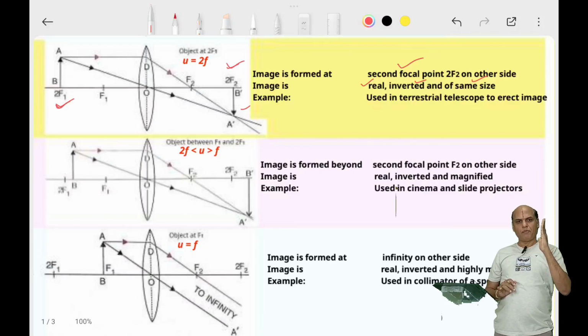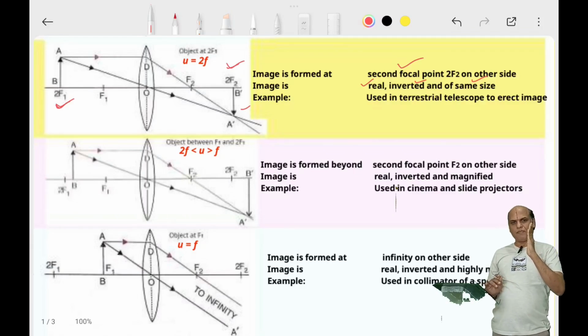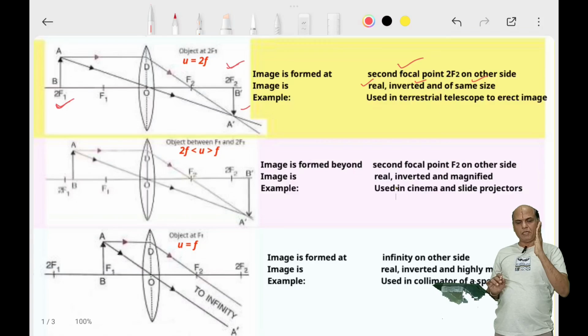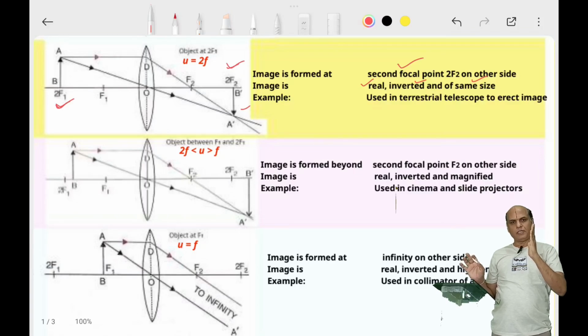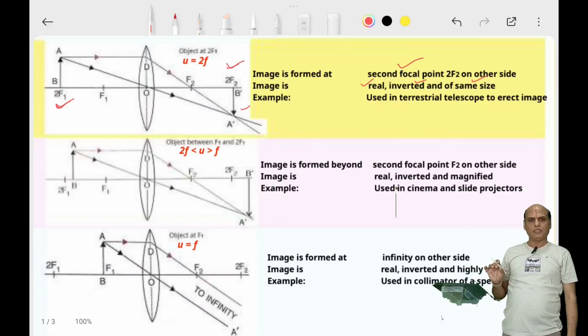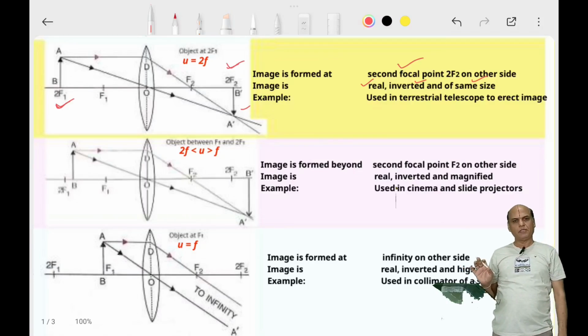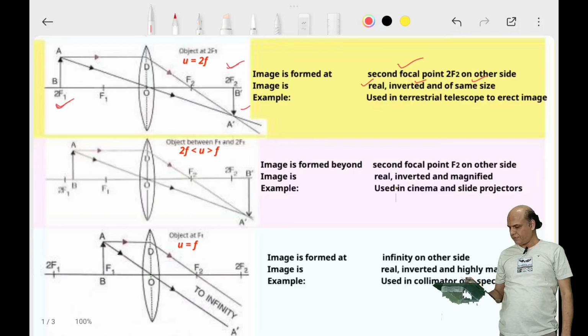Beyond 2f, if you place the object, the image is formed between f and 2f on the other side, and the image is diminished. When the object is placed at the second focal point, the image is formed at the second focal point on the other side and is of equal size. In all these cases, the image is real, inverted, and formed on the other side of the lens.